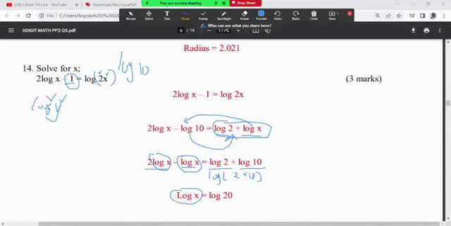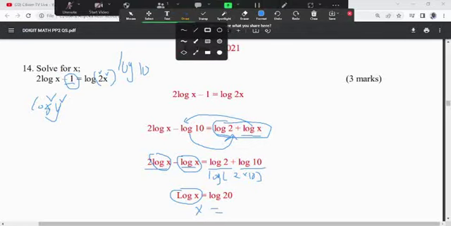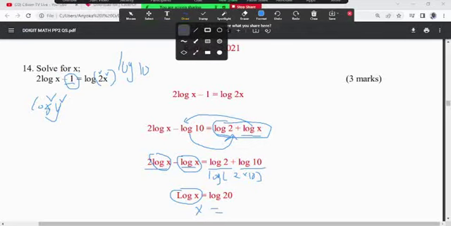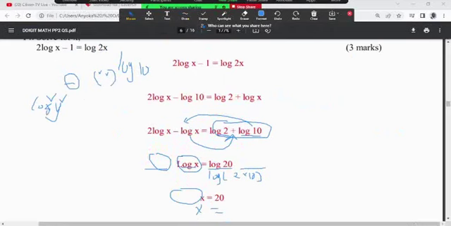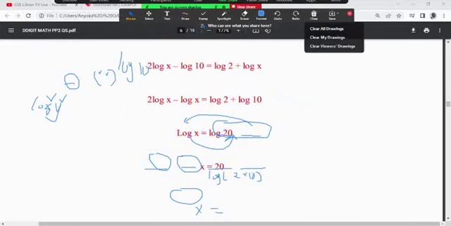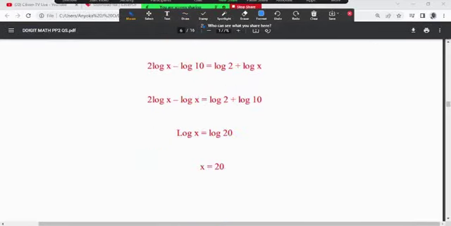So we can find the antilog of both sides. We can say drop logarithms both sides. This is the logarithm. So we drop logarithms both sides. So we get x is equal to 20.